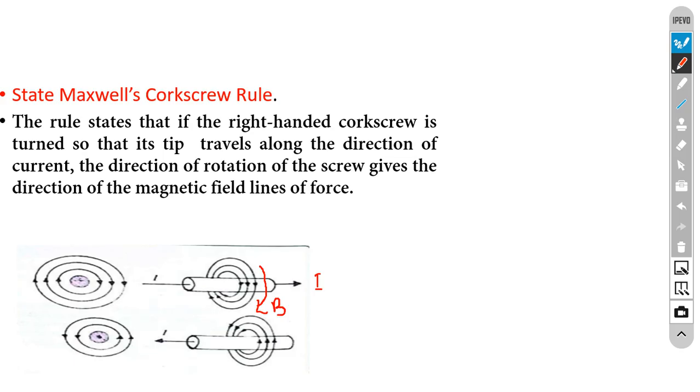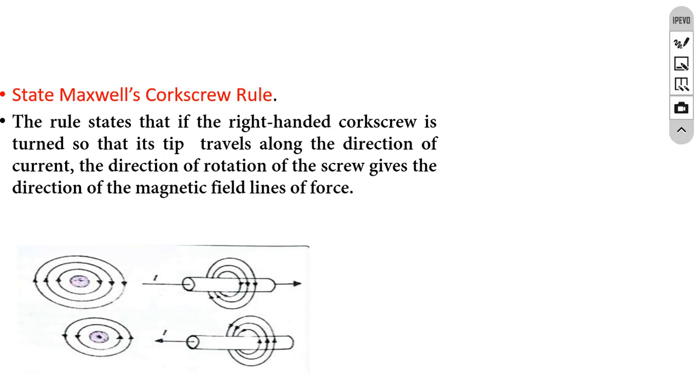Let me call this B. Now, if the I is facing this way, you now have the field moving the other way. Is that okay? Also study that rule and get that understanding.